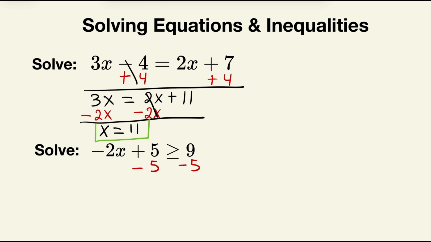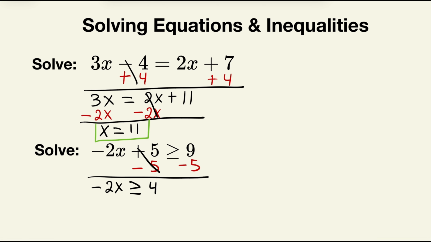When we do that, we are left with negative 2x, because 5 minus 5 cancel out. Bring down your greater than or equal to sign, and subtracting 5 from 9 gives you 4.